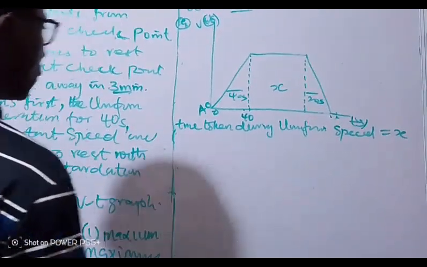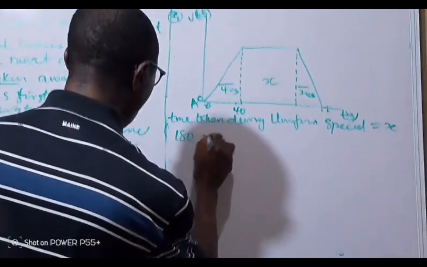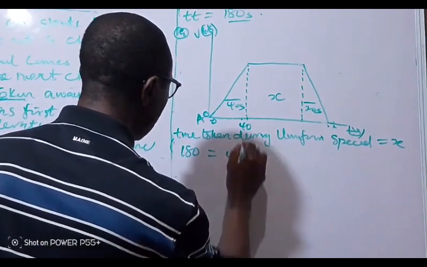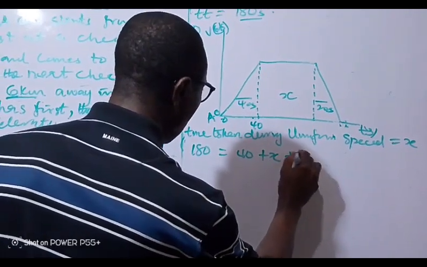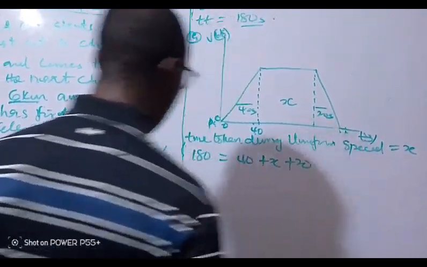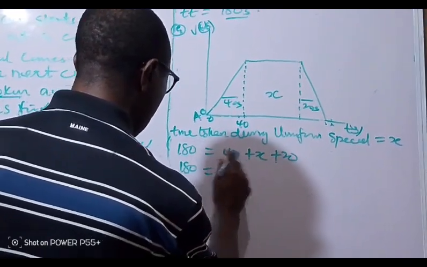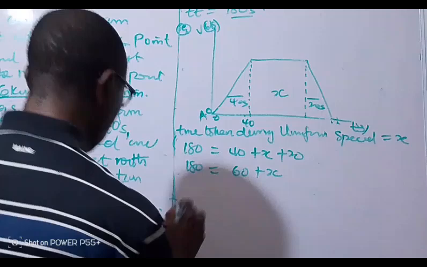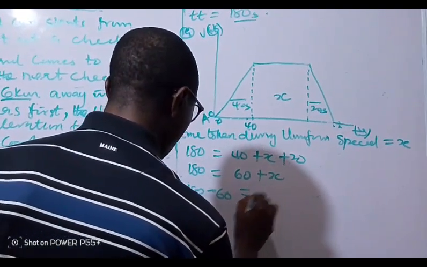So it will now be equal to 180 will be equal to 40 from here to here plus x from here to here plus 20 from here to here. So this one will now give us 180 equals 60 plus x. So 180 minus 60 will be equal to x.